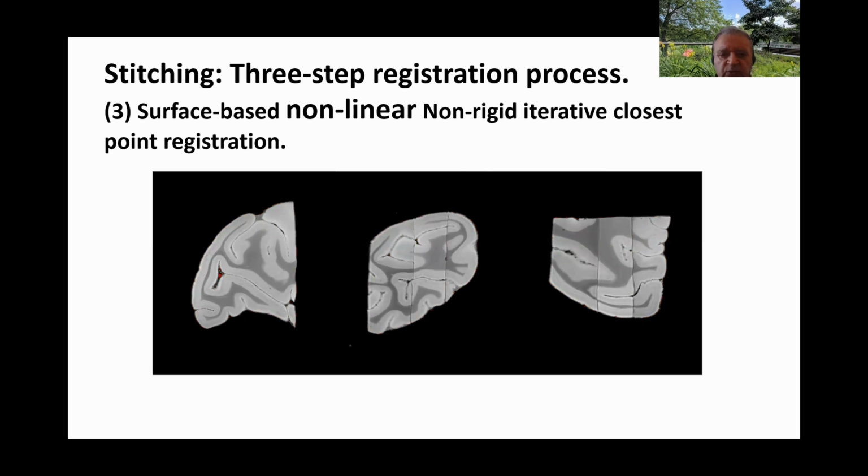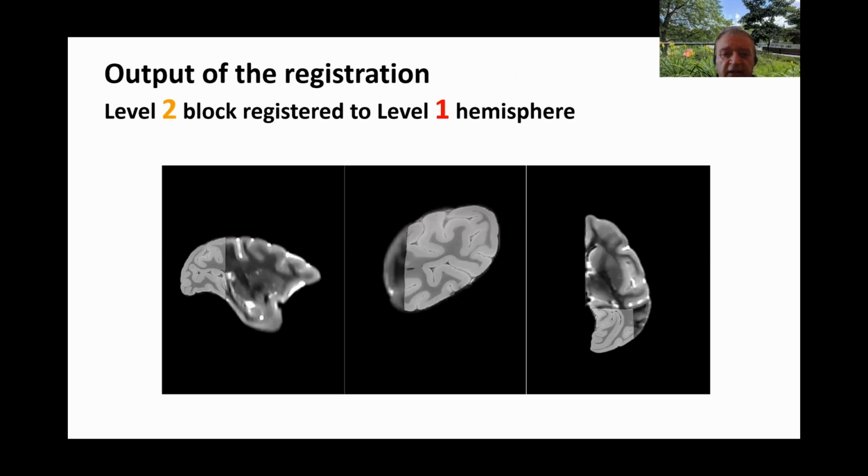And lastly, that would be the end result. Obviously, the histology is aligned to the small blocks that are then stitched together to create the larger volume. And that's how we get a larger volume, or in principle, in theory, the entire brain with the high resolution histology aligned quite precisely to MRI.